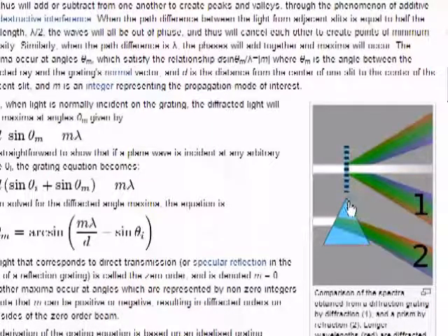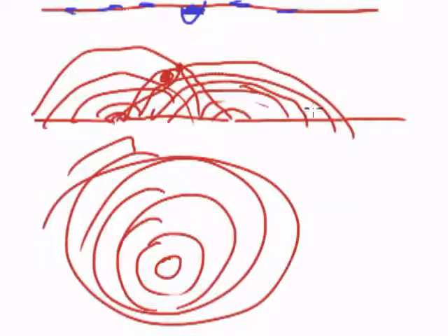It comes out pretty similar to what a prism does, mainly because this phenomenon here, where these waves are interfering constructively and destructively, is highly wavelength dependent.